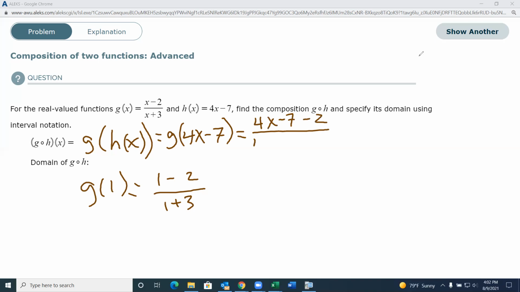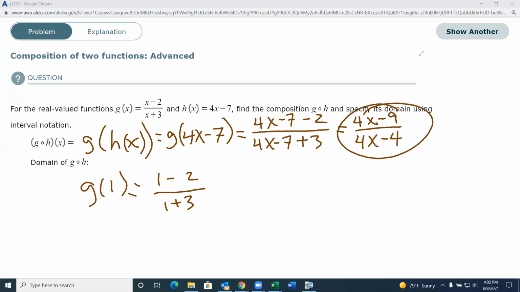And then in the denominator, 4x minus 7 plus 3. And then if we combine like terms a little bit, tidy this up just a teensy bit, we will get this. Yeah, I can factor a 4 out of that denominator, but so what? Because I can't pull a 4 out of the top. So there's nothing I'm going to be able to cancel. So that is as far as I'm going to take it. Okay.